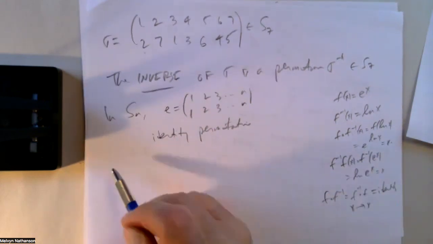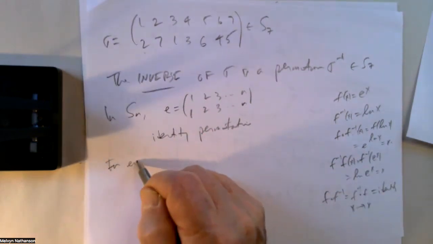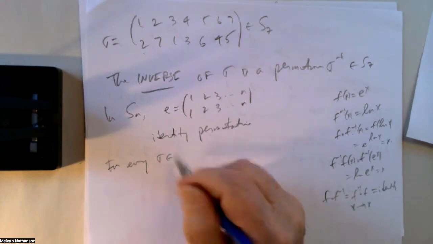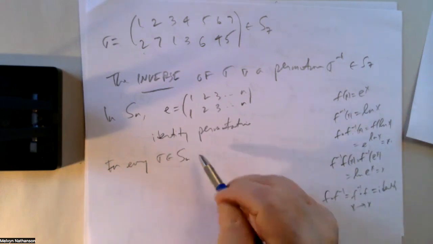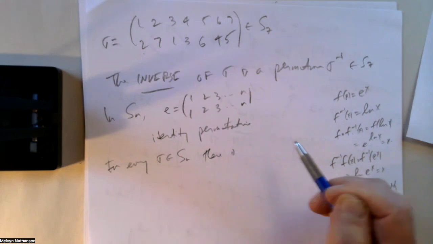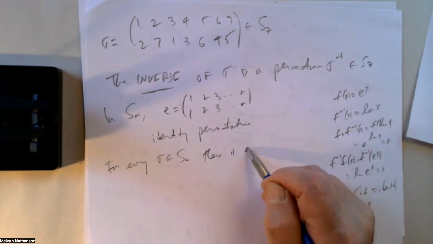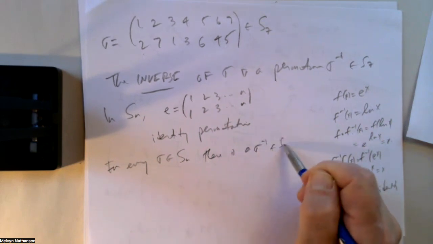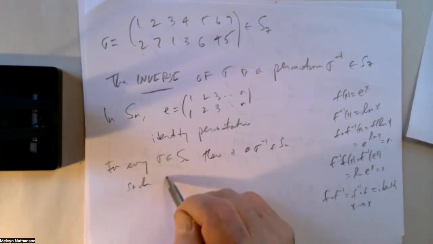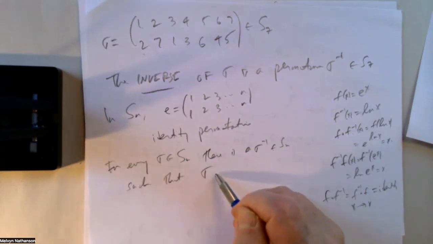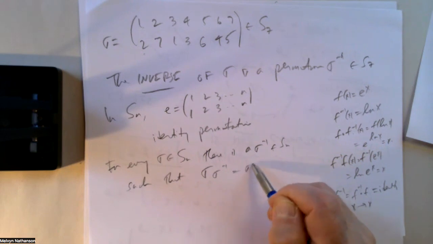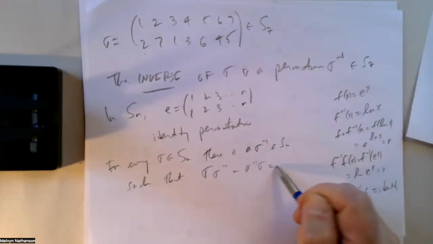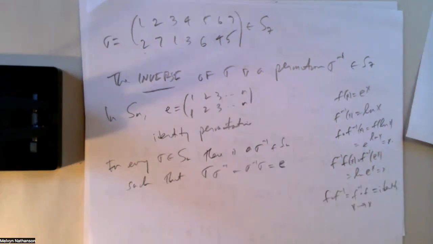And for every permutation sigma in Sn, there is a permutation sigma inverse in Sn, such that when you multiply sigma times sigma inverse, or sigma inverse times sigma, you get the identity permutation.